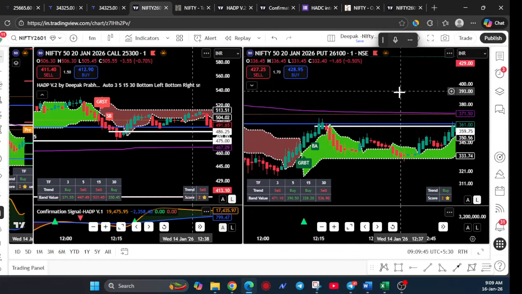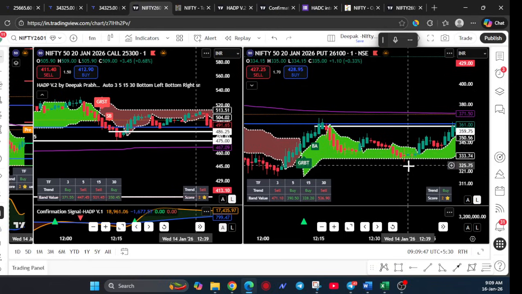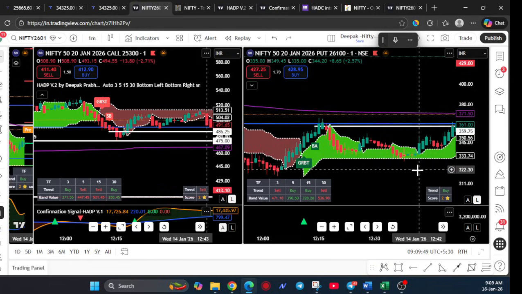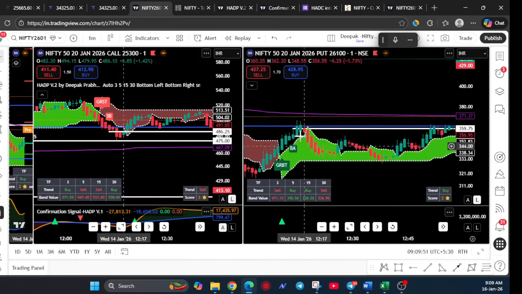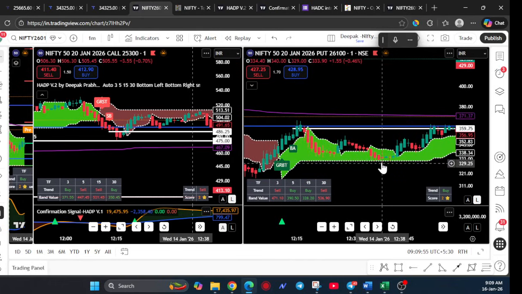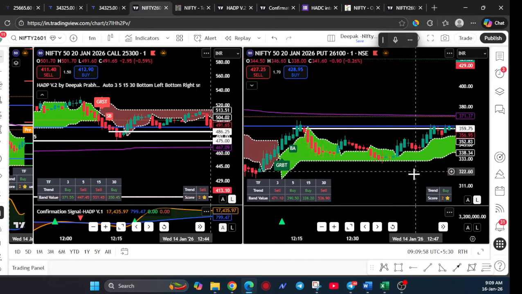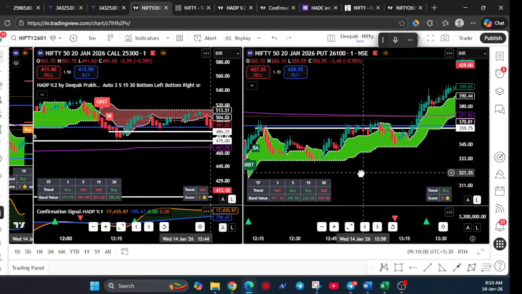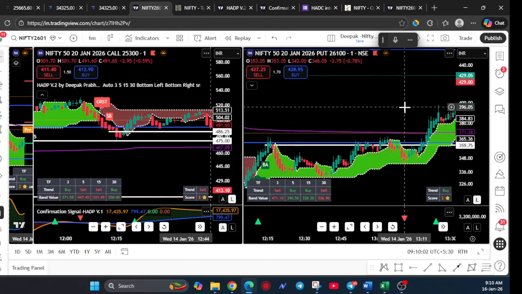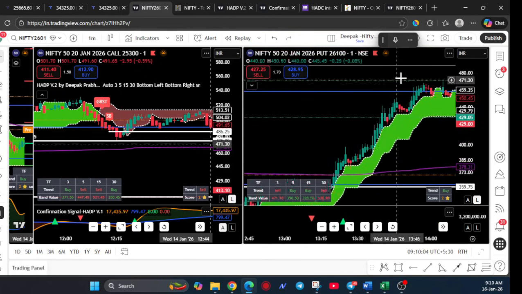And you wait till a candle closes below this and it breaks the low of that. For example, if you have taken entry at 359, it came down, retested its band and then it started to move up. You can see from 359, where did it go?